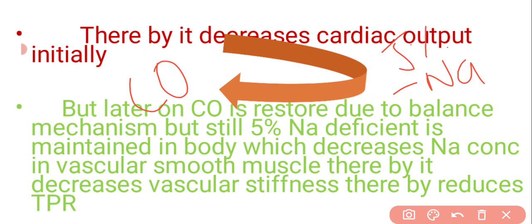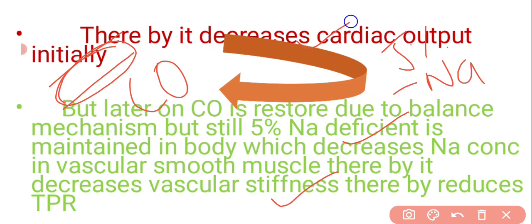This sodium deficiency in smooth muscle cells may decrease the vascular stiffness, meaning constriction is reduced, thereby reducing the total peripheral resistance.